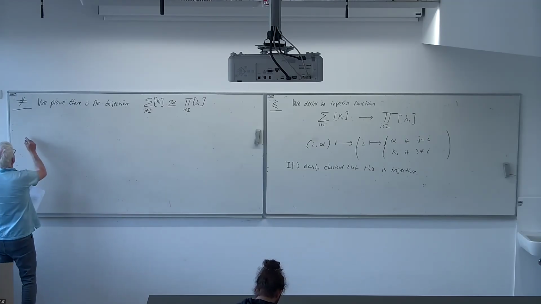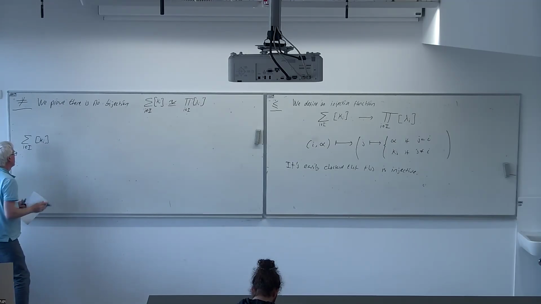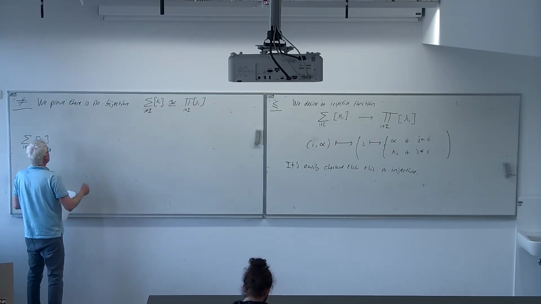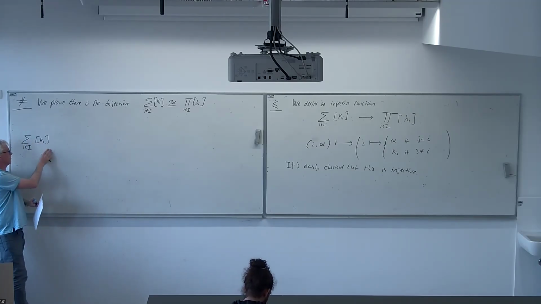So the set of the capillaries, the sum over the capillaries, we can view it like a subset of the product, where the first element of the pairs is an index element, and the second element is taken from the set kappa i.